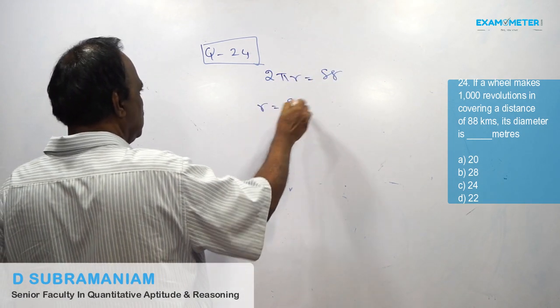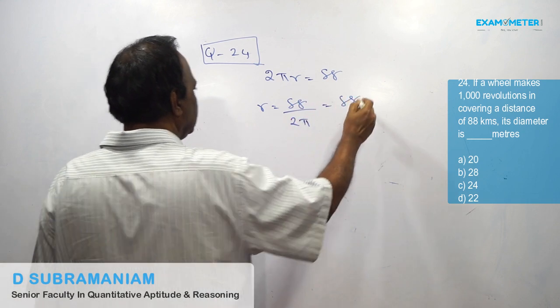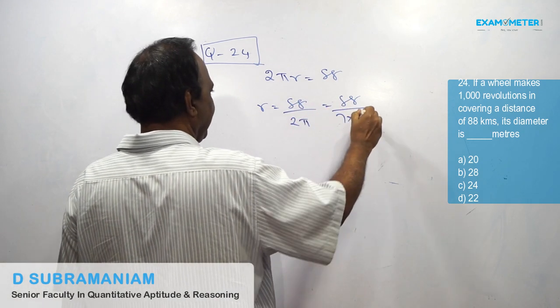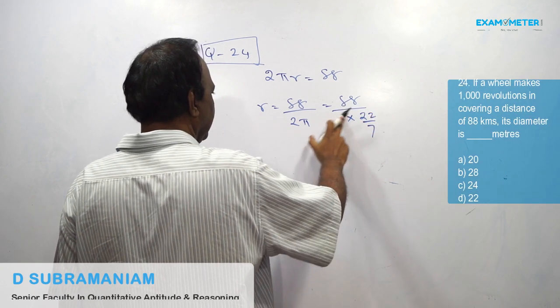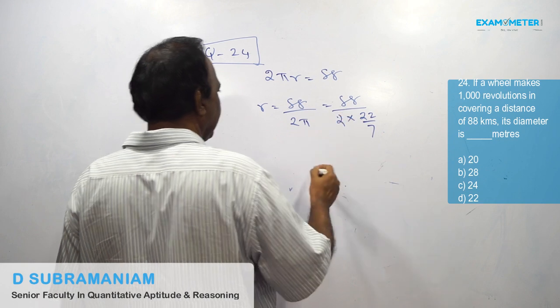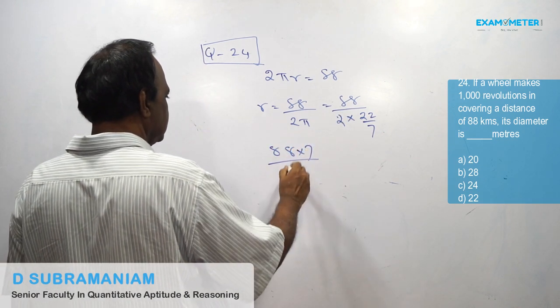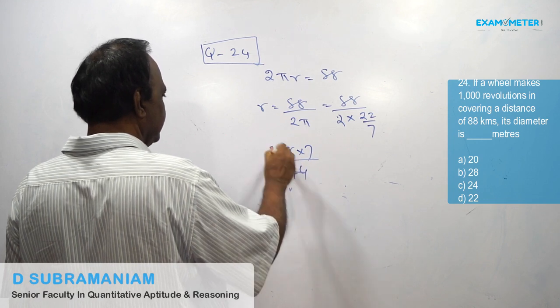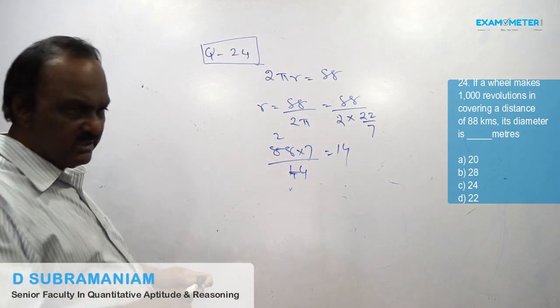So r is equal to 88 by 2 pi. R is equal to 14 meters.